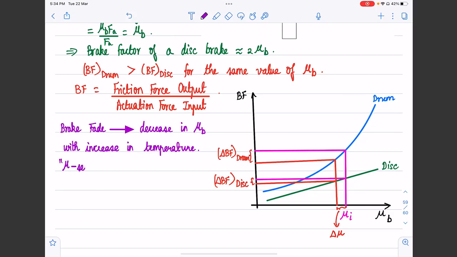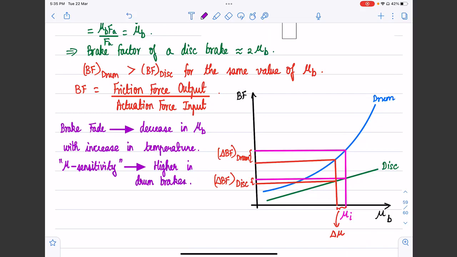In the context of friction brakes, when people talk about mu sensitivity, they are talking about the sensitivity of the brake output with respect to variations in mu b. So this mu sensitivity is higher in drum brakes, and that is a disadvantage of a drum brake.